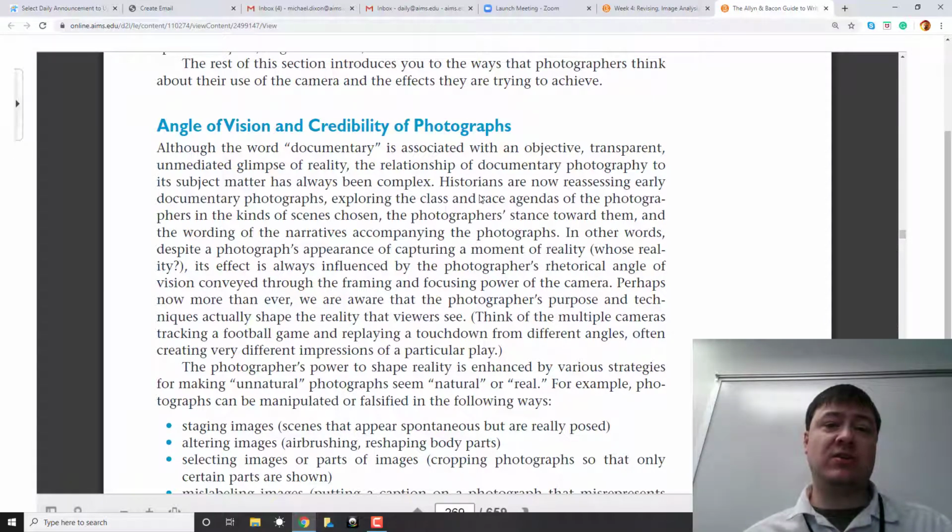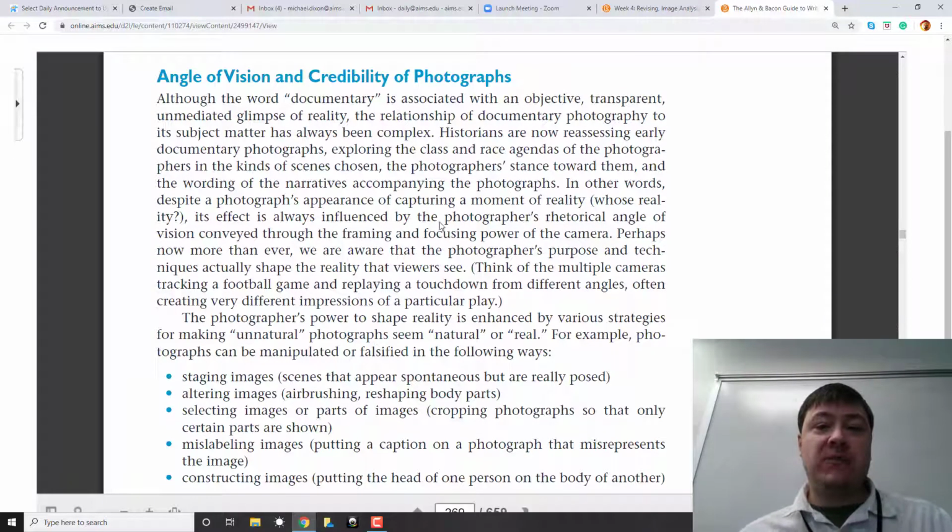So essentially, when you look at a photograph, you have to take into account that the photographer, just like the writer of any good work, has a bias. Whether they know it or not, they have a bias in what they're trying to do, trying to affect the audience thematically, whether it's class, race agendas, political agendas, all of those different things. They get to control what's in front of the camera. So remember that. You're only seeing what they want you to see.